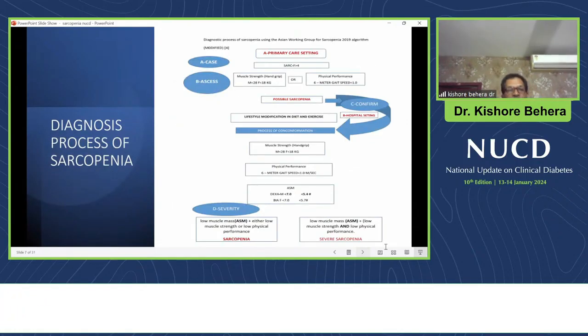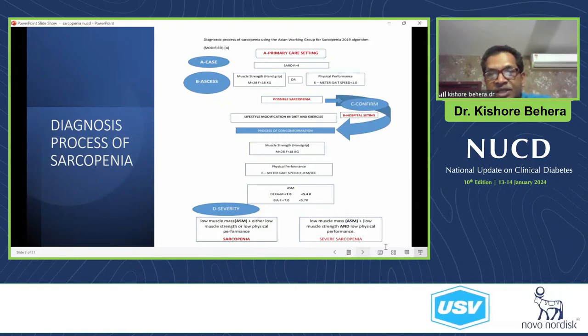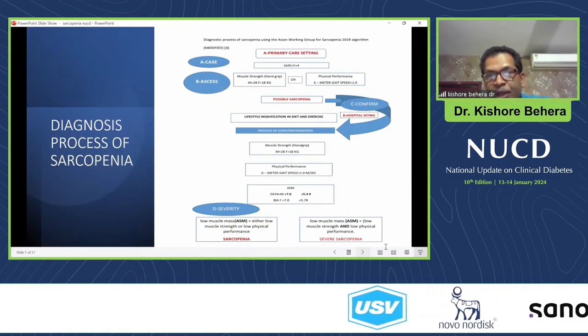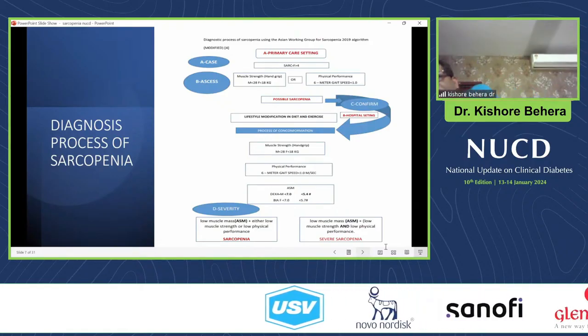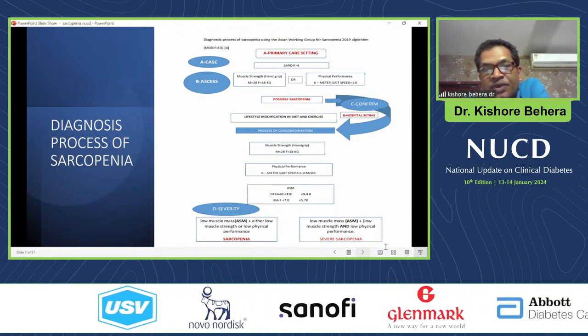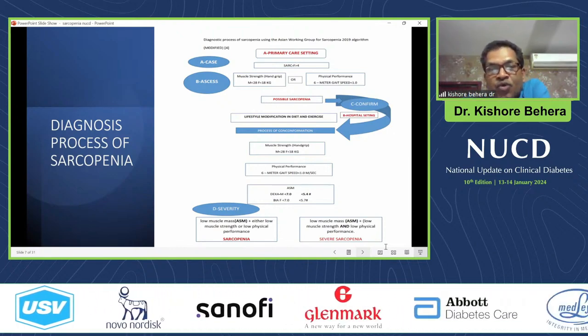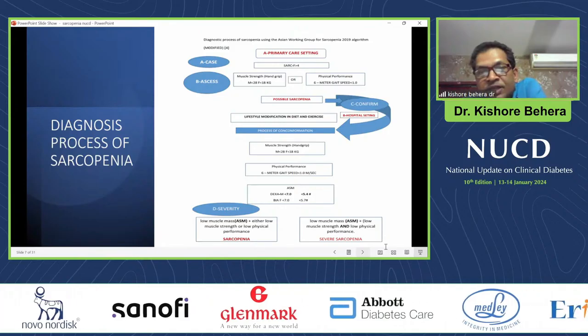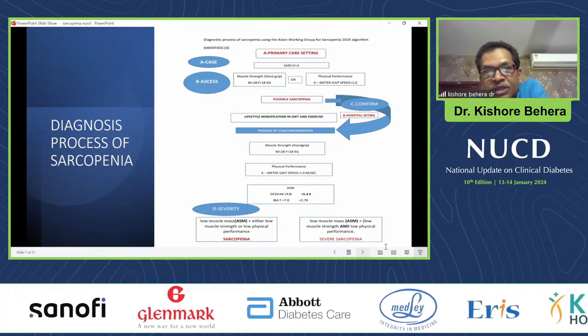For that, the diagnosis process of sarcopenia involves case finding, assess, confirm, and severity. In the primary care setting, we screen with SARC-F. If the score is more than 4, then the patient probably has sarcopenia.